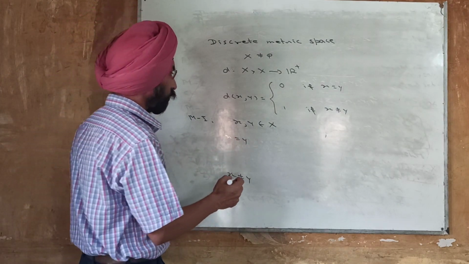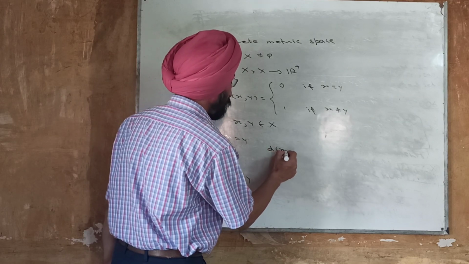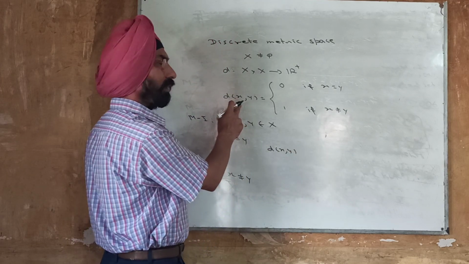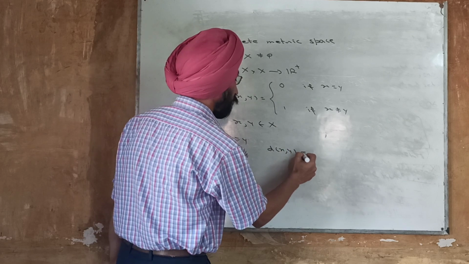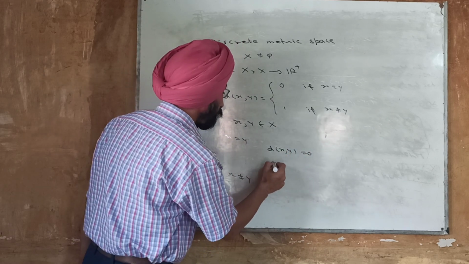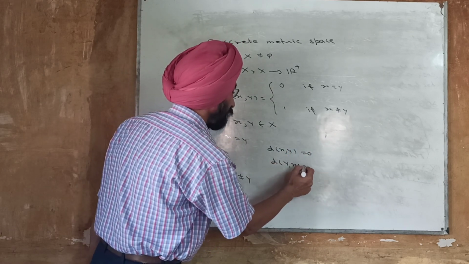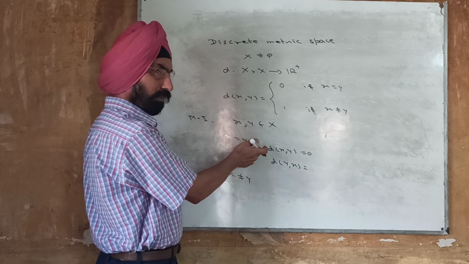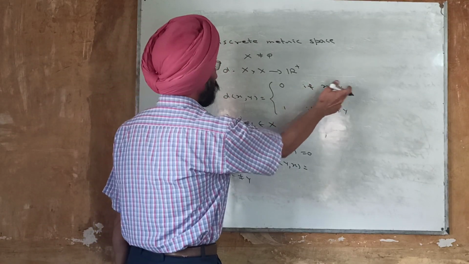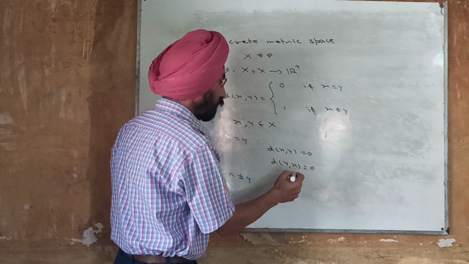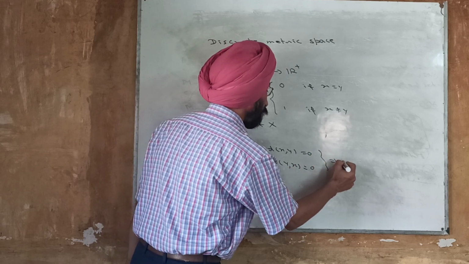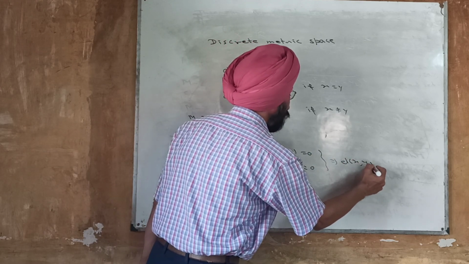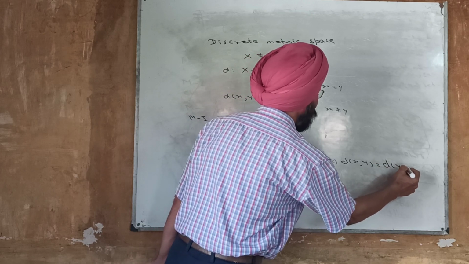If x is equal to y, then what will D of x,y be by the definition? It will be 0. And what will D of y,x be? Since x is equal to y means y is equal to x, D of y,x is also equal to 0. And this implies that D of x,y is equal to D of y,x.